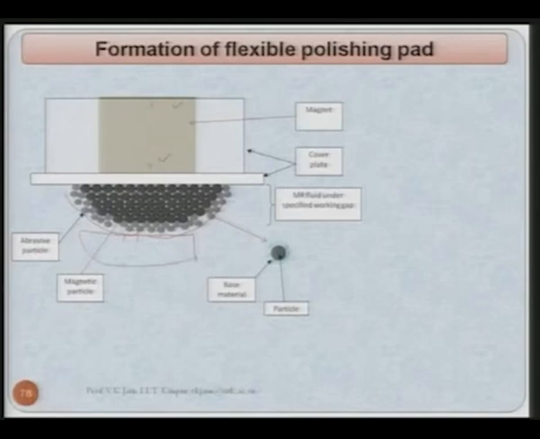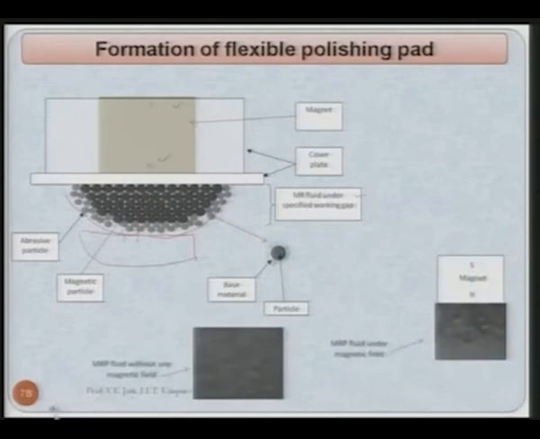So, in fact the abrasive particles will be in contact with the workpiece rather than the iron particles, and this is shown here. This is the MR fluid under specified working condition, and there is the base material in which you are forming this MR fluid, which is shown here by bluish color, and this is the iron particle, and gray color they show the abrasive particle.